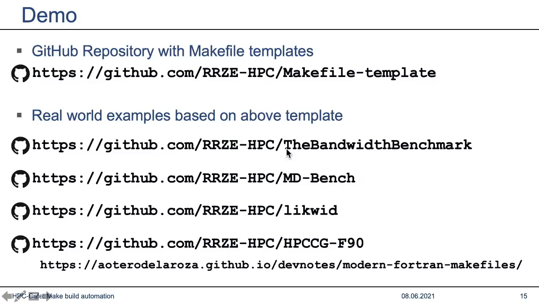Specifically, this is the bandwidth benchmark. This is an improved stream benchmark, which showcases this template using configuration options. Then there is MD Bench. That's a case which has a special requirement because there we want to have variant builds.